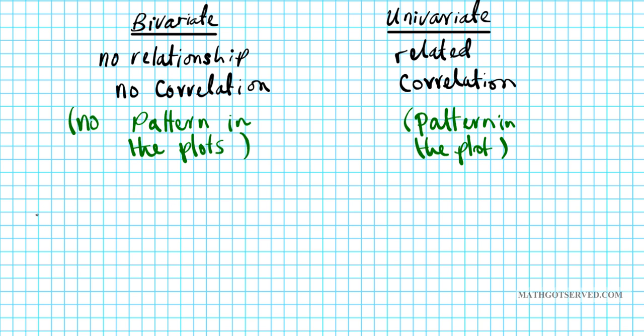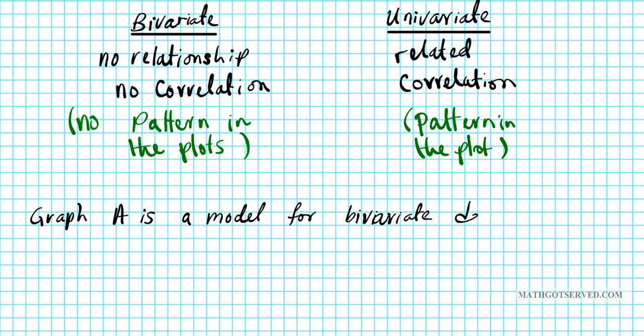So graph A, let's use uppercase, Graph A is a model for bivariate data. Why? Because bivariate data has what?